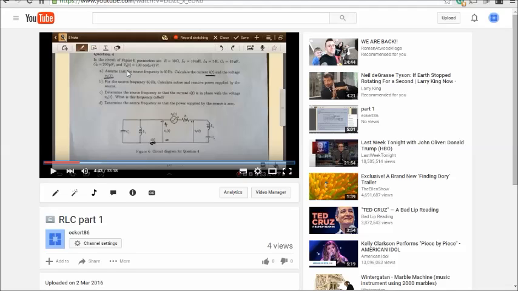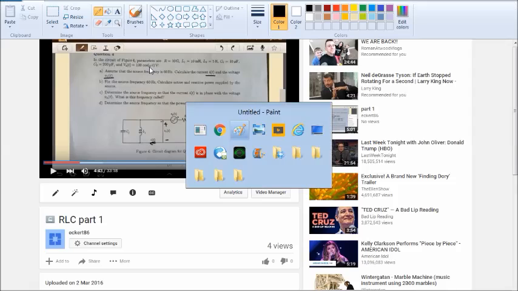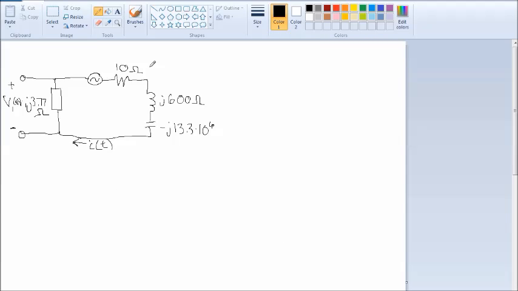So the voltage is 100 cosine of omega t volts, and remember omega is 2 pi f, where f is 60 hertz. So that's our sinusoidal voltage waveform.